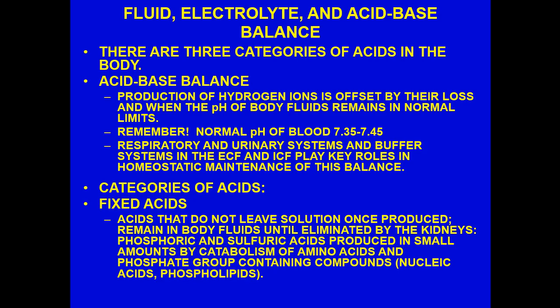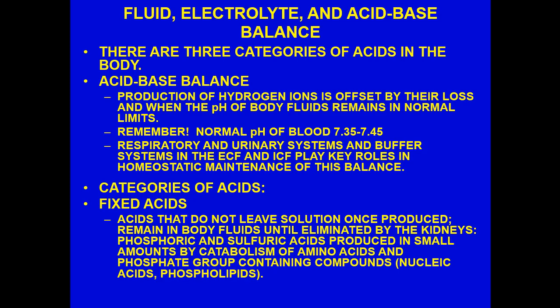Remember, the normal pH range for blood is 7.35 to 7.45. Yeah, that number you're going to have to memorize, 7.35 to 7.45, okay? And I can guarantee you, you'll probably see that on an NCLEX exam or a medical license board. Believe me, that is a normal range, and you've got to know what it is and when you go outside of that and the consequences.